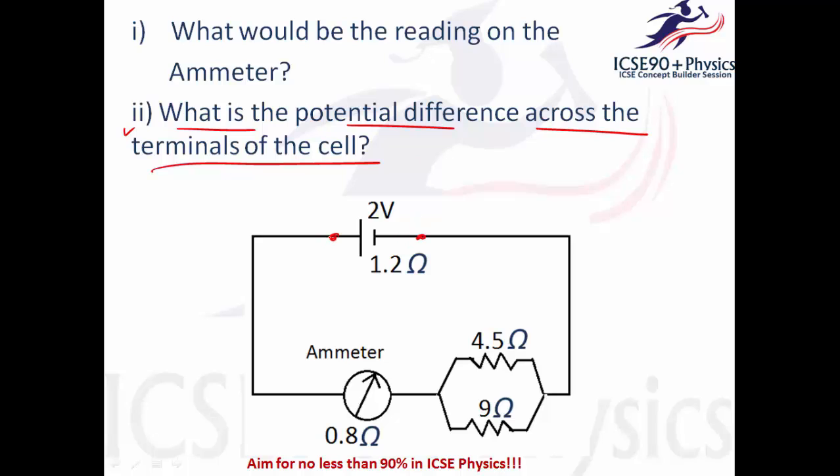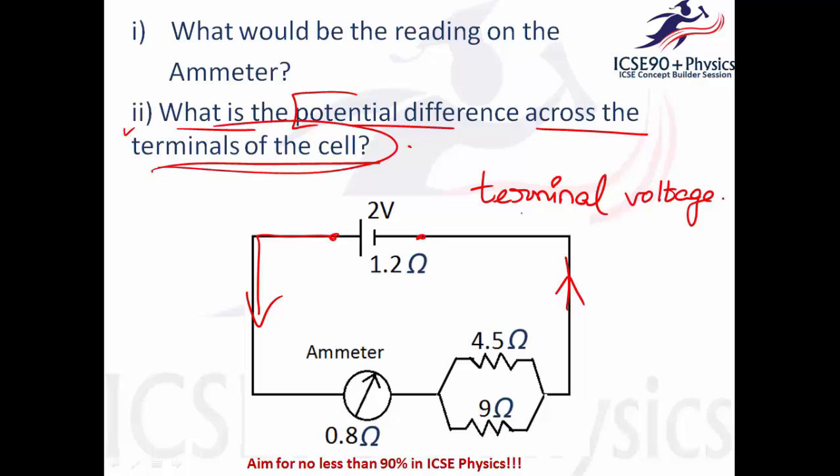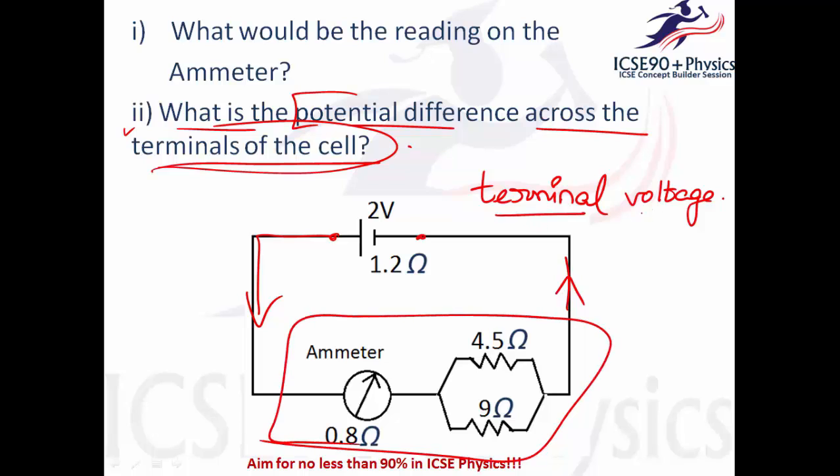Secondly, we are asked what is the potential difference across the terminals of the cell, right? The potential difference across the terminals of the cell would be its terminal voltage, right? The potential difference across the terminals of the cell would be the potential difference across its external resistors, which is nothing but the terminal voltage.